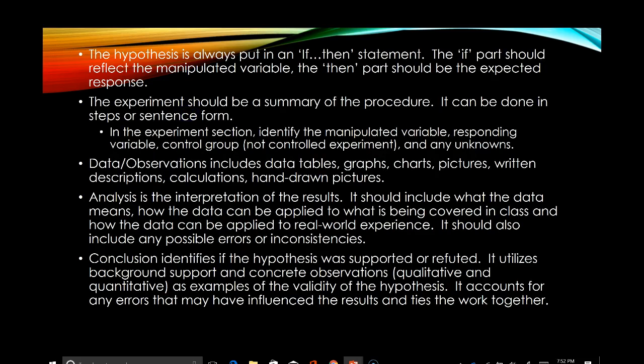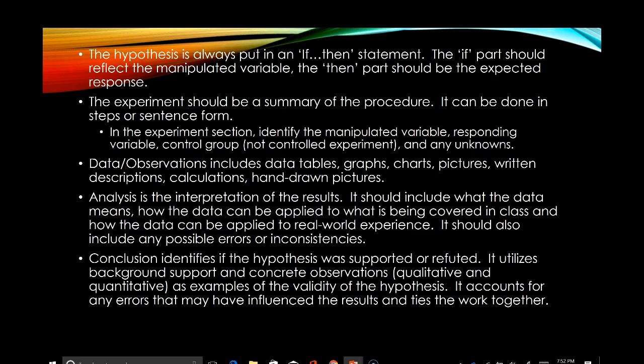The next heading, you're going to skip a space and you're going to put the hypothesis. Again, all caps and in bold. And the hypothesis will always be put in an if-then statement. The if part should reflect your manipulated variable, what you're planning to change. And the then part should be the expected response, so your responding variable, what you expect from that.